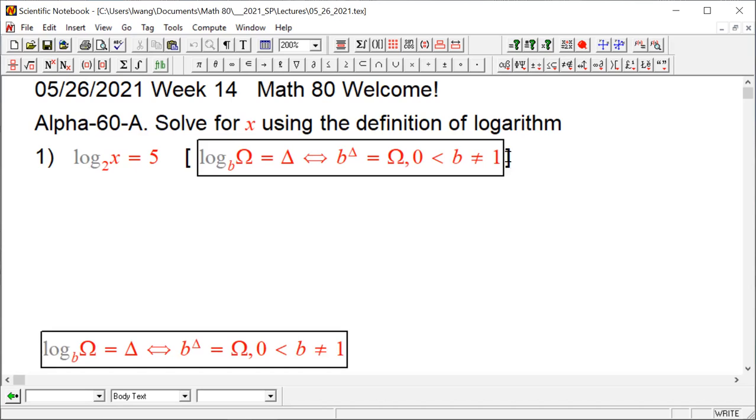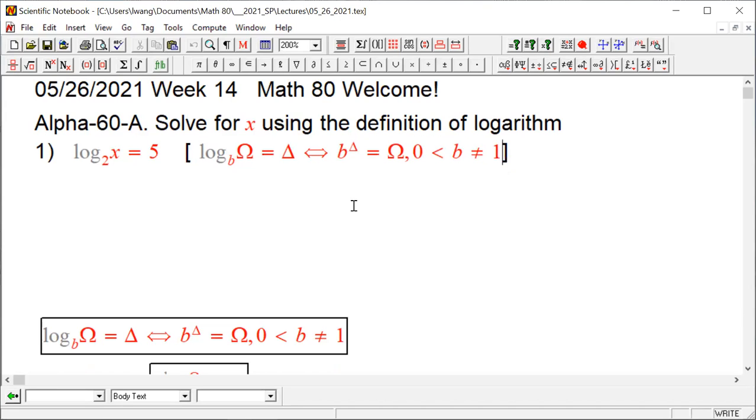Let's see how we apply the definition. We have a base 2 here, so the base is 2. What is the quantity at the place of omega? Log base 2, so this is x.